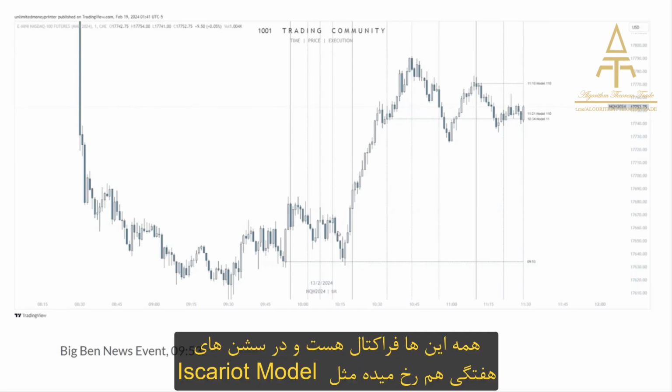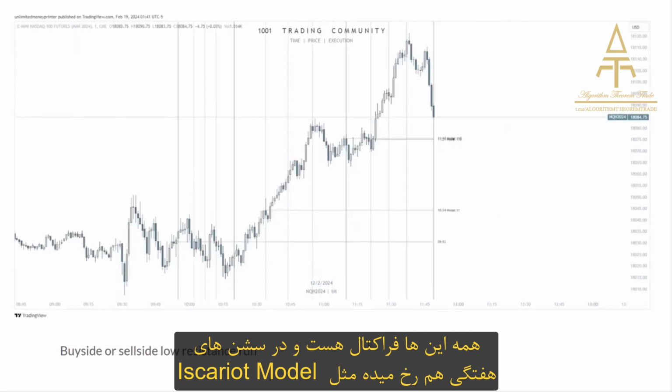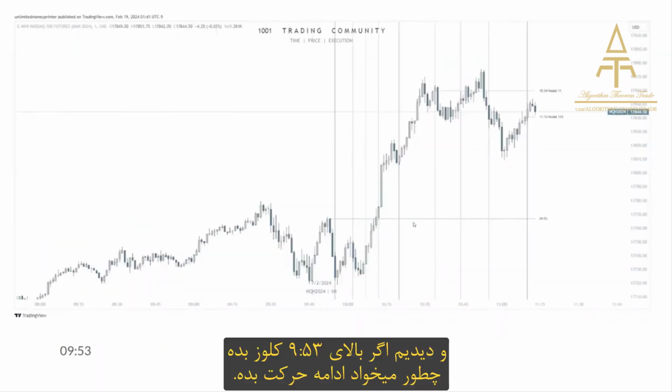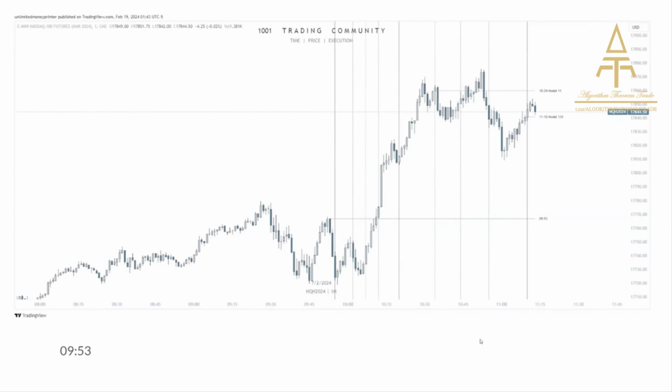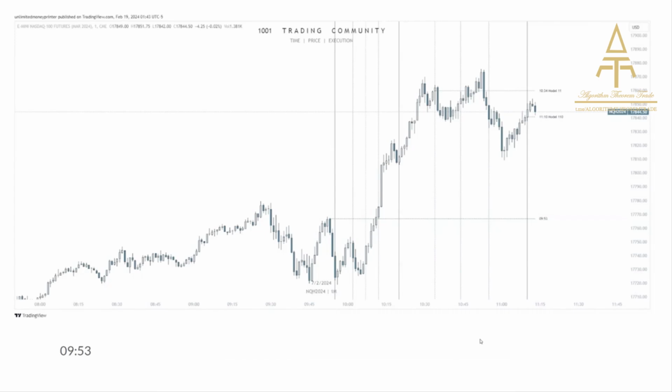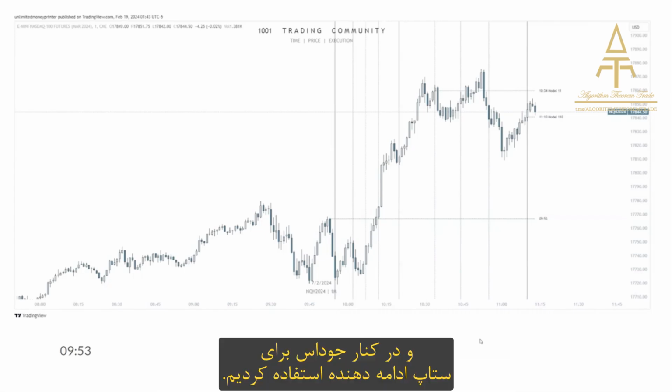This is fractal. It happens on the weekly session models too for its carryout model. Another example here. And we went over how you want to see, if price wants to continue, a body close above the 953. We then also went over the confluence of the weekly session time model with Judas and how to use that for trend continuation on the weekly time session models.